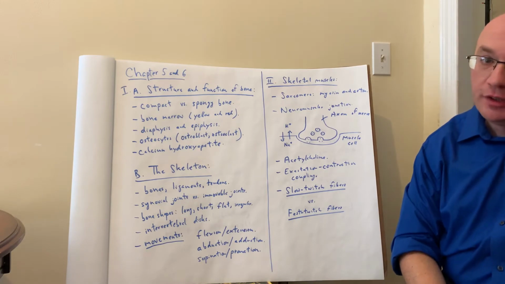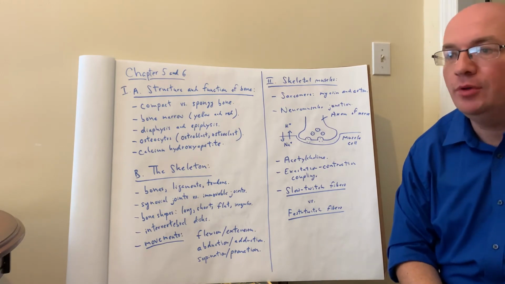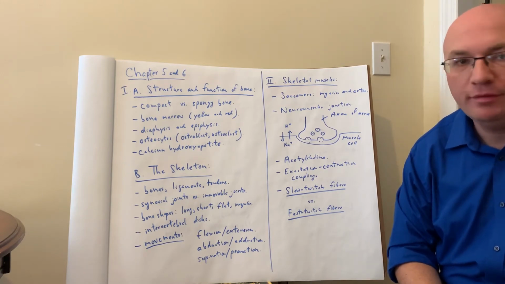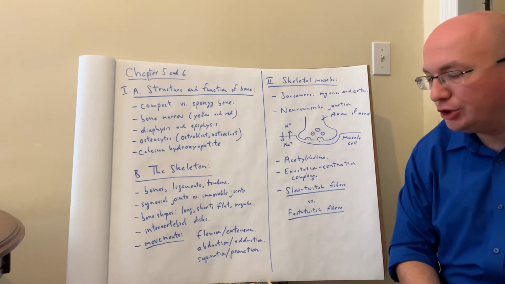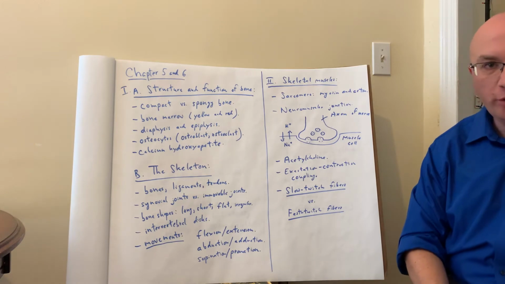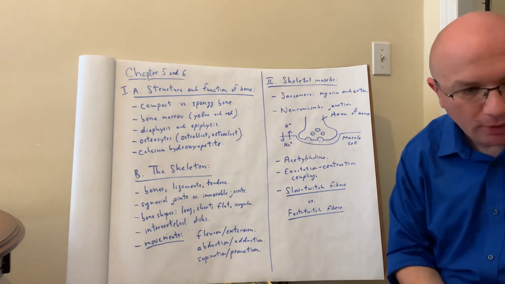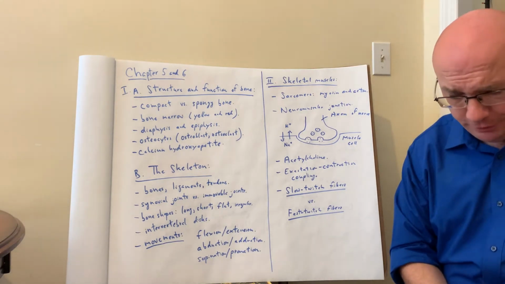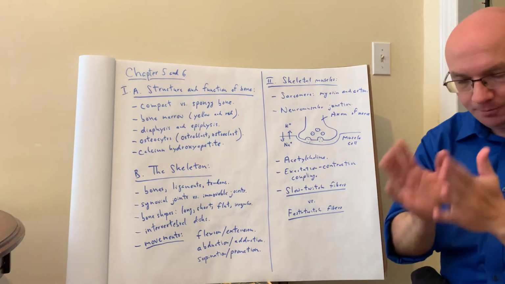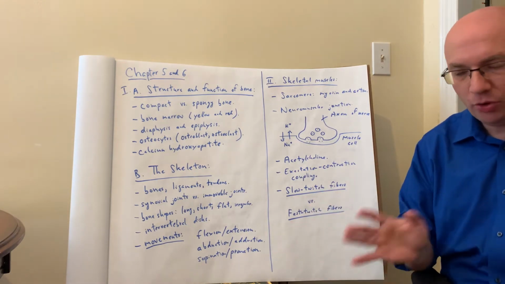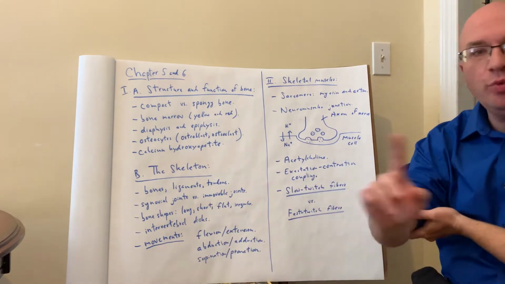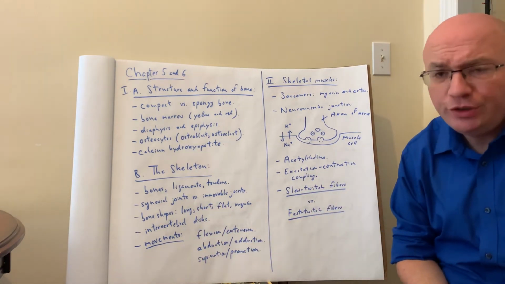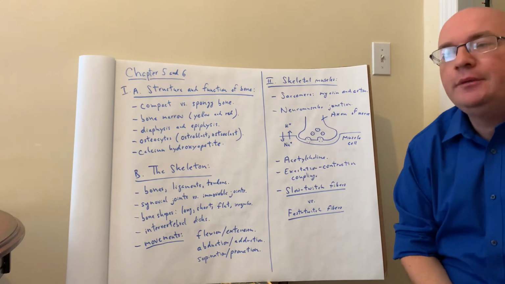Now, there's also different shapes that bones have. So we call the shape of the bone based on its general overall appearance. So when you see that bone, the first thing that strikes you about it is saying, okay, it looks like it's a long bone, or it looks like it's that kind of bone. For each one of these, these are the ones you have to know.